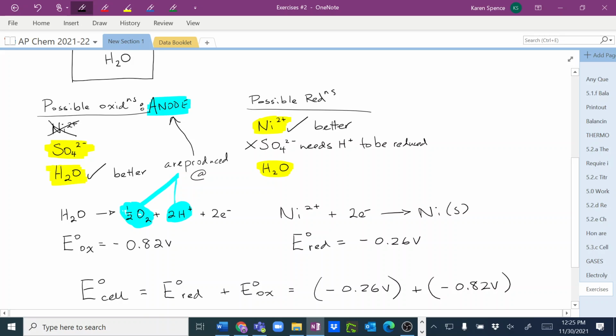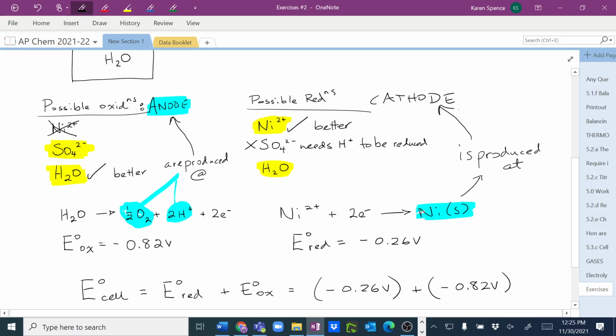And then over here, what is produced at the cathode, because that's where reduction takes place, is just nickel solid. So that's what they're looking for there.